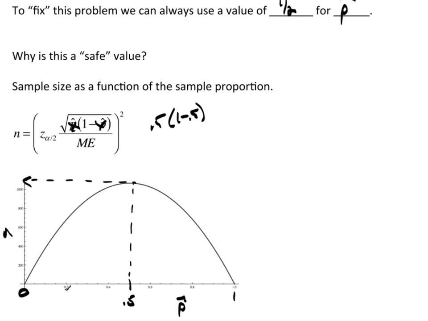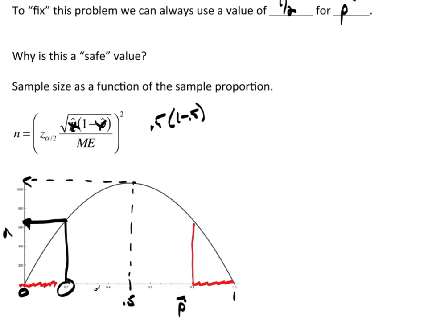Now, if I were to use like a 0.2, I would end up with a sample size down here, which if I were to actually end up with a sample proportion less than 0.2 or greater than 0.8, because you can see these overlap, then I'd be just fine.